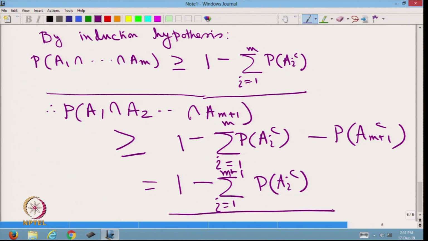So, that proves the result. Therefore, by induction, this is true for any positive integer n.